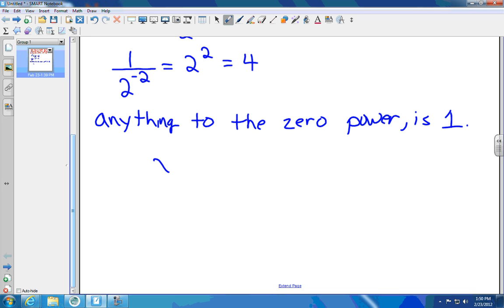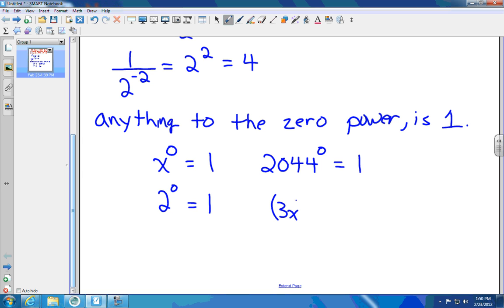So what would be x to the 0 power? That would equal 1. 2 to the 0 power would equal 1. 2044 to the 0 power would be 1. 3x squared, y to the 3rd, z to the 4th, all of that to the 0 power equals 1.